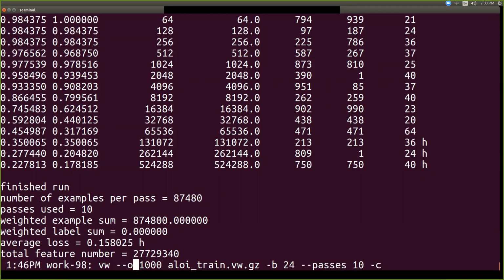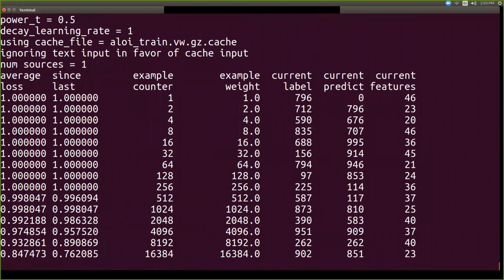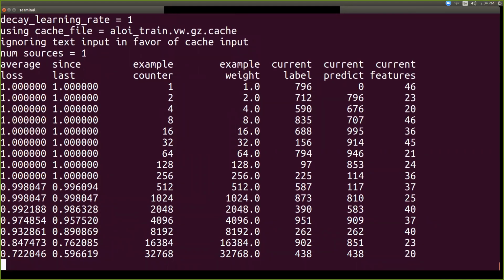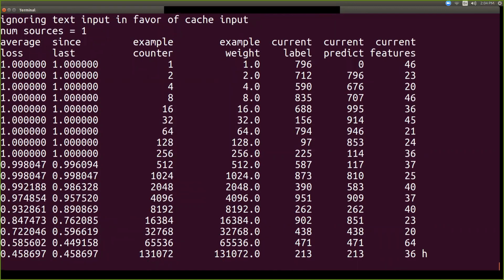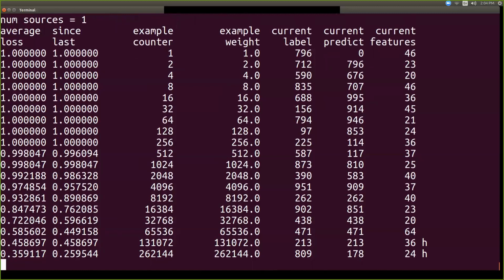I can also do dash, I think it's recall tree. So this will run, and we'll find that it gets down to about 18% error rate. So 18% is much better than 80% error rate. And if you tune things a little bit, you can actually get it to work better than one against all.